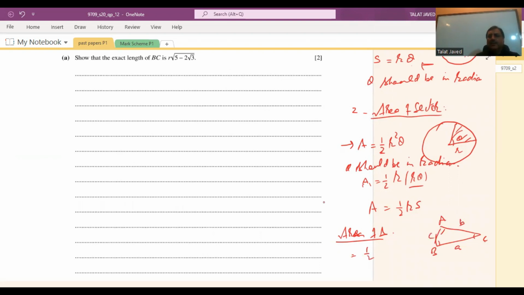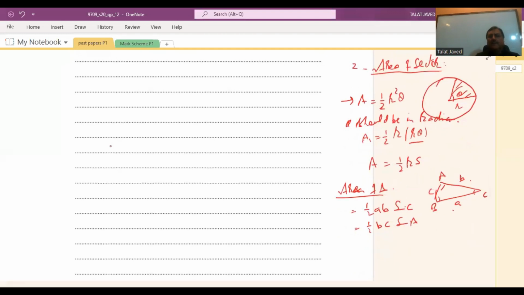If we have these two sides a and b, then we need the included angle: area is 1 over 2 ab sine of C. If we have b and c, we can write 1 over 2 bc sine of A. If you have a and c, this will be 1 over 2 ac sine of B.